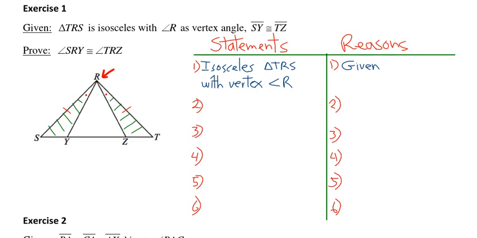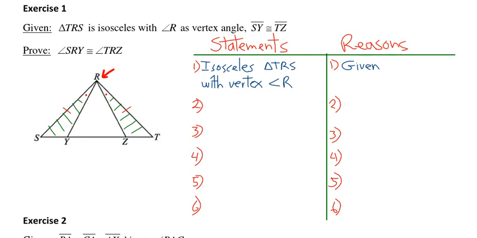Well, think about the base angles theorem now, because we have two congruent sides, and the base angles theorem says that if you have two congruent sides in one triangle, then the angles opposite the sides should be congruent. So that would make angle S, which is opposite side RT, congruent to angle T, which is opposite to side RS.